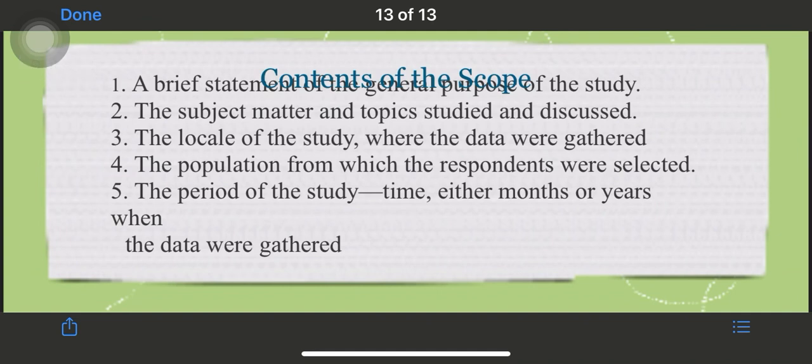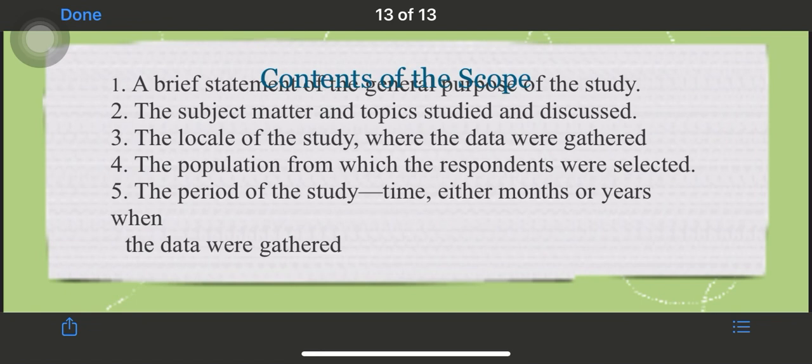So, some of the content of the scope. You can start with a brief statement of the general purpose of the study, the subject matter and topic studied and discussed, the locale of the study where the data were gathered, the population from which the respondents were selected, and the period of the study, which includes the time, either in months or years, when the data were gathered.